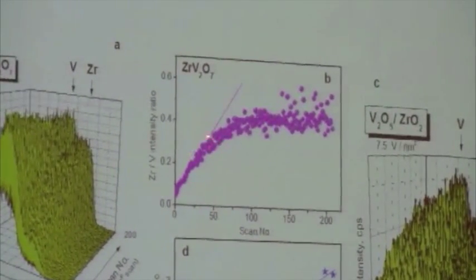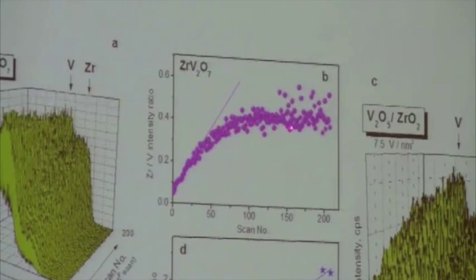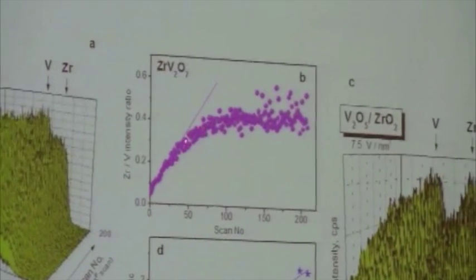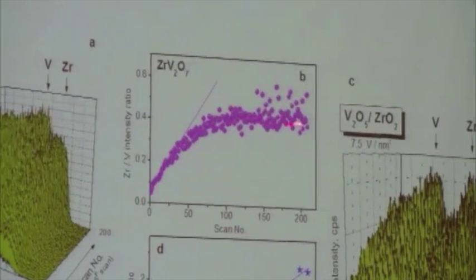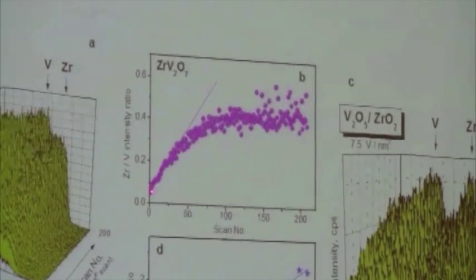But here what's happening is that it doesn't keep growing linearly, it bends over. And the reason is because there's zirconium and vanadium also in the bulk of the material, as well as on the surface. But the fact that it bends over like this tells us that this is the bulk composition, okay? And this zirconia to vanadium ratio is much, much lower.